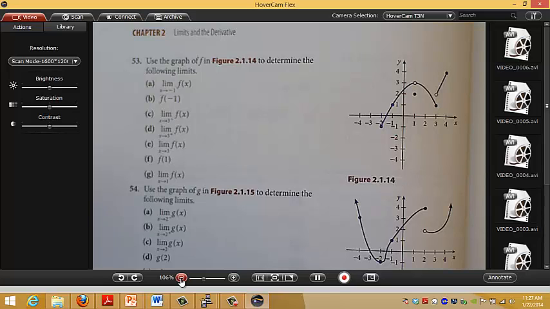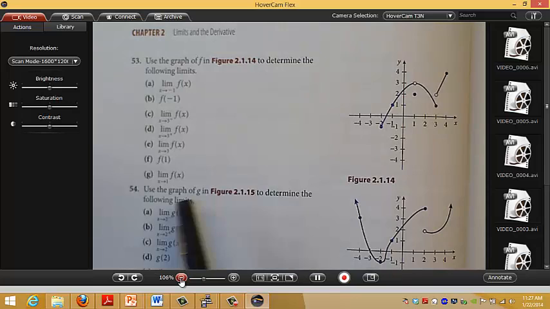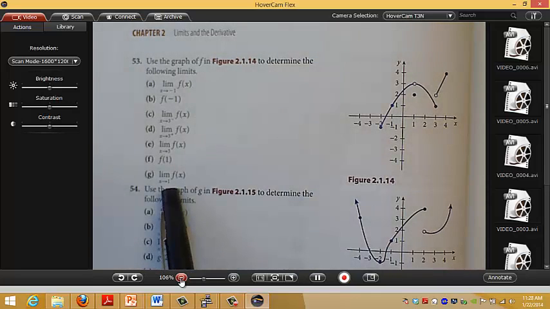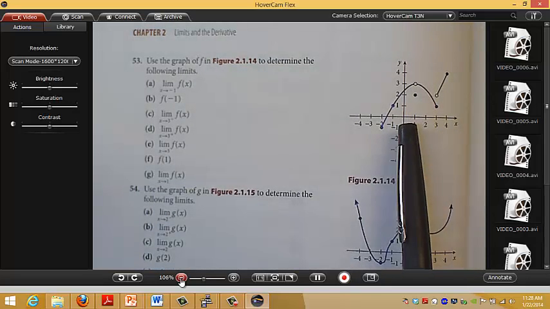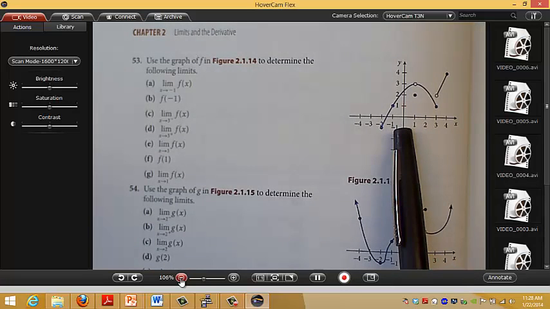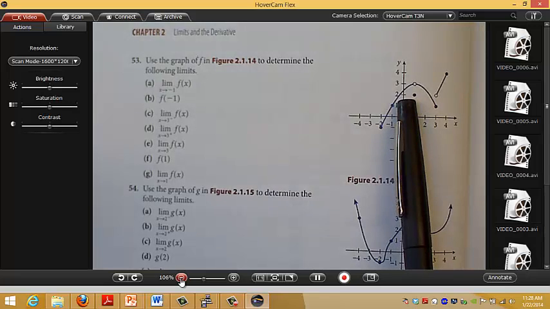Here, what about as we approach positive 1? That's an interesting question, G. So, first of all, what is f of 1? F of 1 is 2. That's why they put a dot there.